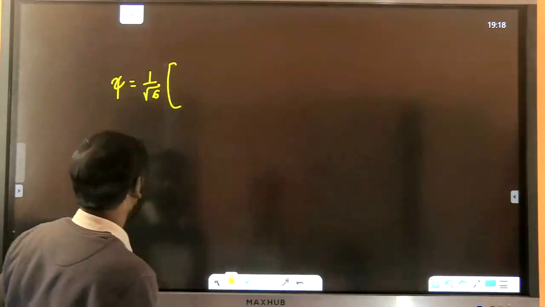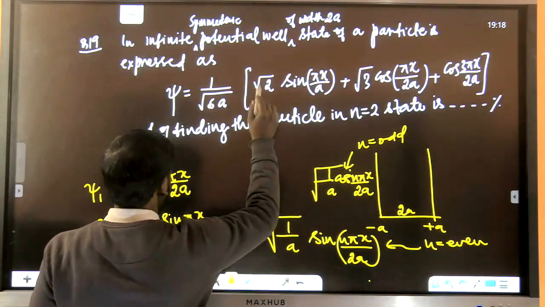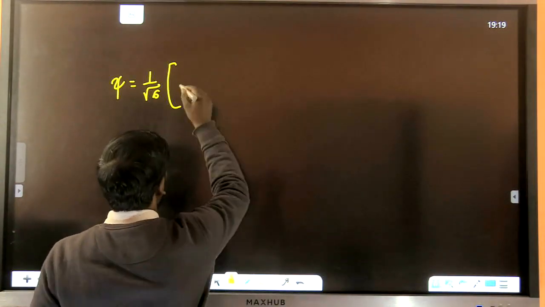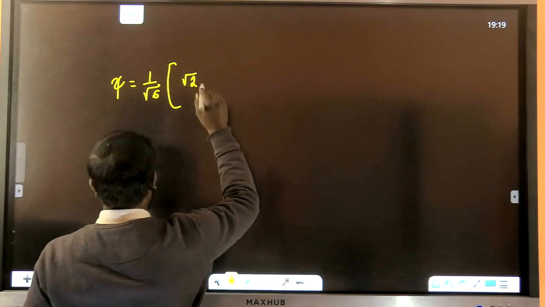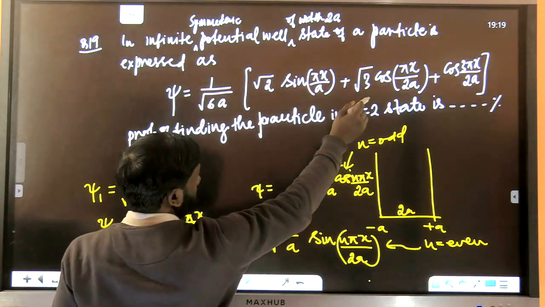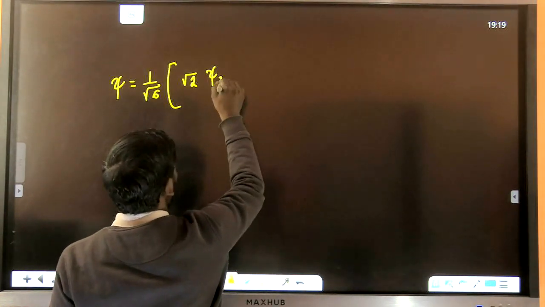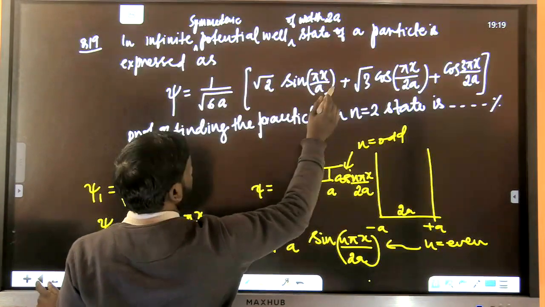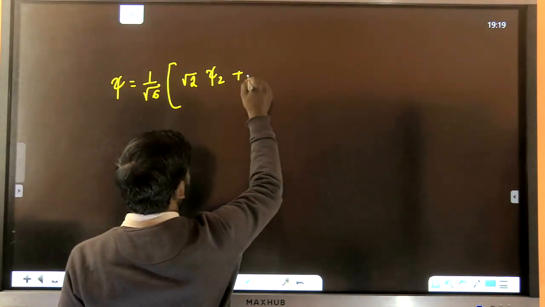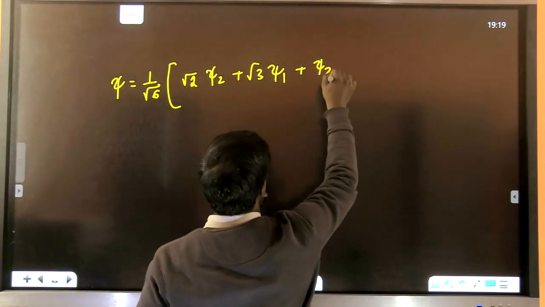Therefore we can write it as, there was a factor 1 by root 6, and here you get root 2 psi 2, and this is root 3 psi 1, and then here you get psi 3.